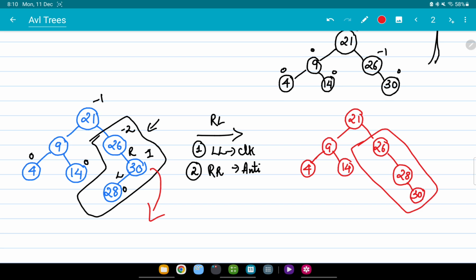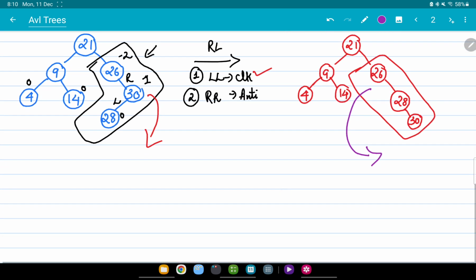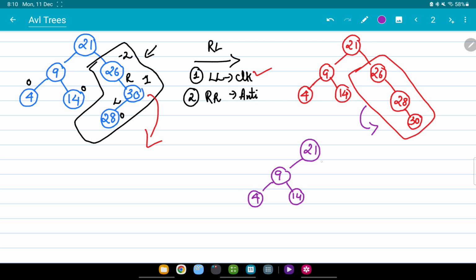Now time to perform the RR rotation or the anti-clockwise rotation. So clockwise is done. Now for anti-clockwise rotation, you need to turn this whole thing in anti-clockwise direction. So when you turn that whole thing in anti-clockwise direction, what will happen is 21 as it is, we have our 9, 14 and 4 as it is.